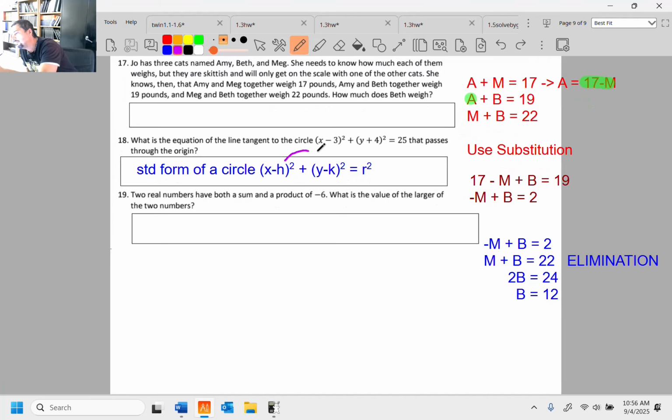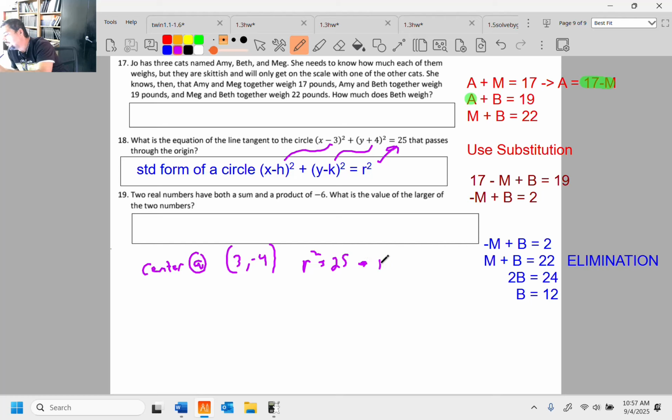It's a simple lineup process. This circle has a center at 3, -4. And you'll swear you didn't see this in geometry. You saw it. R squared is 25. We only care about the positive root since it's a circle, which means that the radius is 5 units. This is something I can draw.